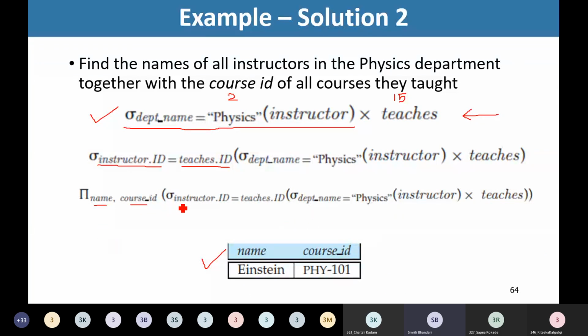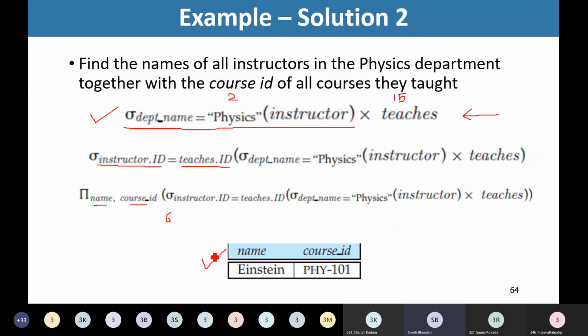One possible way to write this query is, instead of having two separate operations, and in parenthesis I'll be having instructor cross teachers.